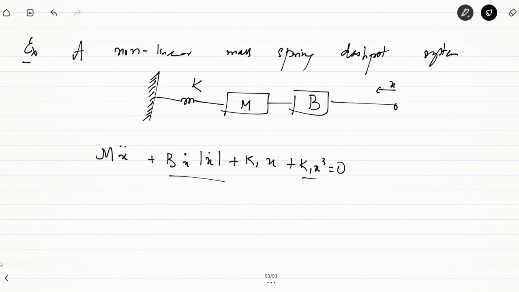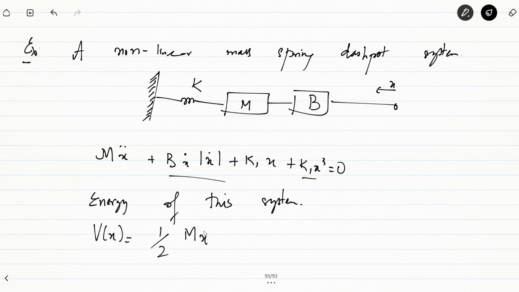So the energy of the system, v of x, will be given by 1 half of m x dot square plus the integral from 0 to x of k naught x plus k1 x cube dx.